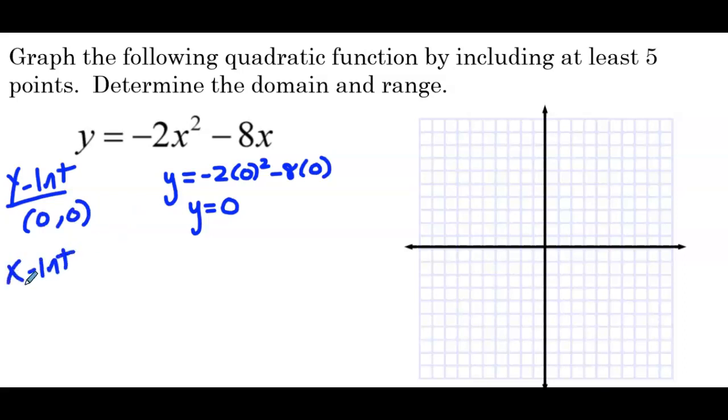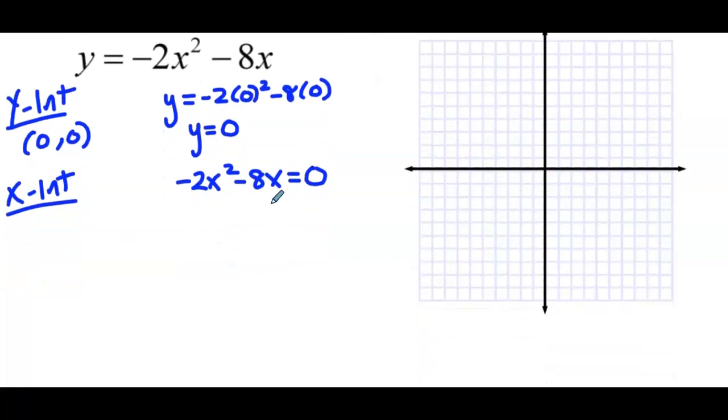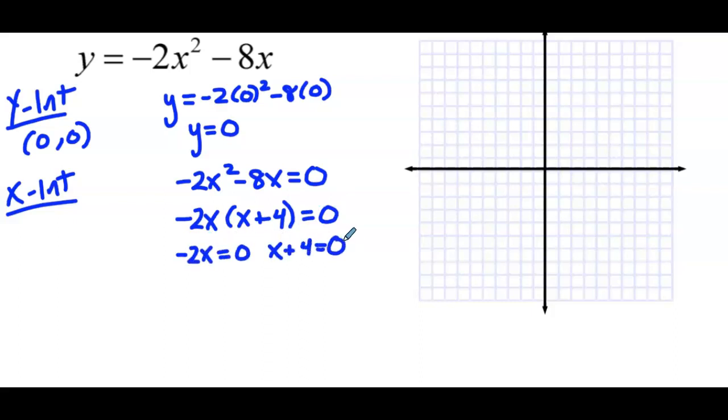We'll find the x-intercepts next. So we'll set our function equal to 0. We can take a greatest common factor of negative 2x out. So we have x plus 4 equals 0. So either negative 2x equals 0 or x plus 4 equals 0.